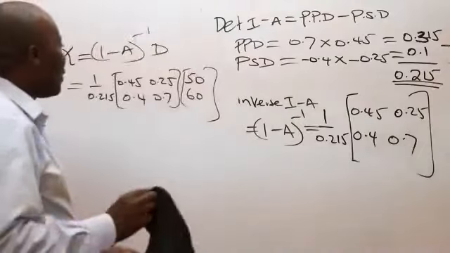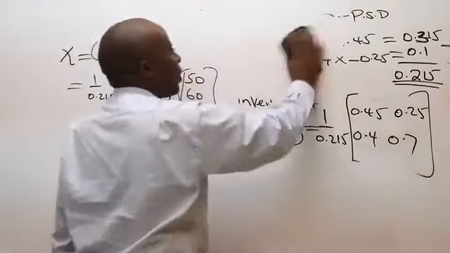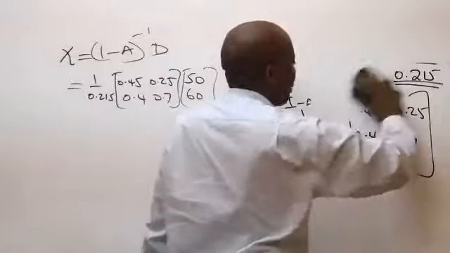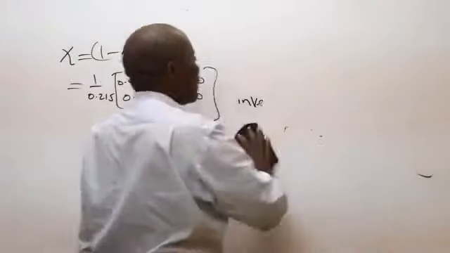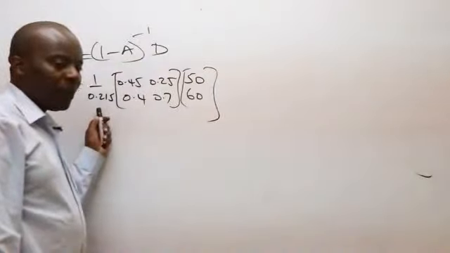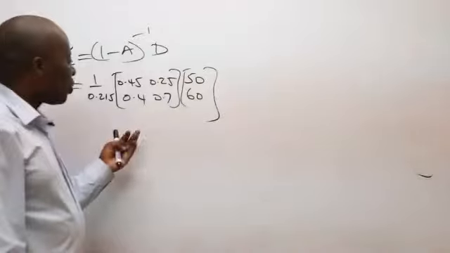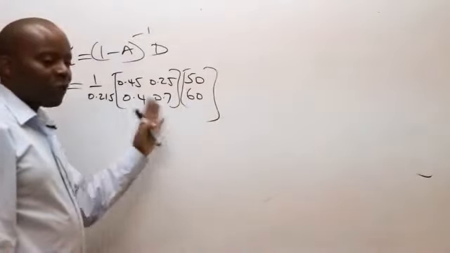Having gotten this correctly, what you're supposed to do is this: what we have outside here will be called a scalar. So we multiply the matrices first.